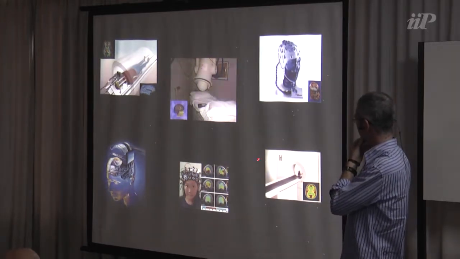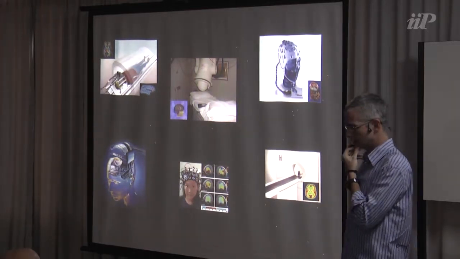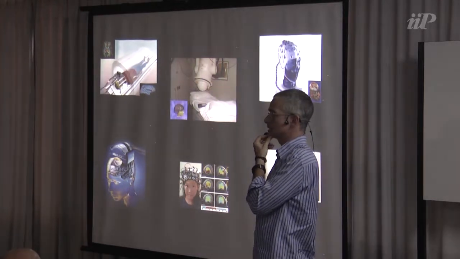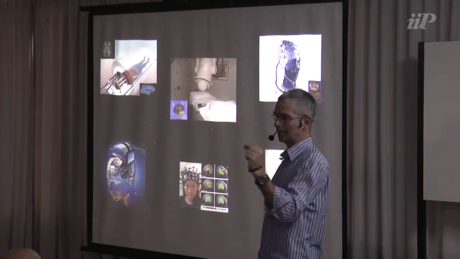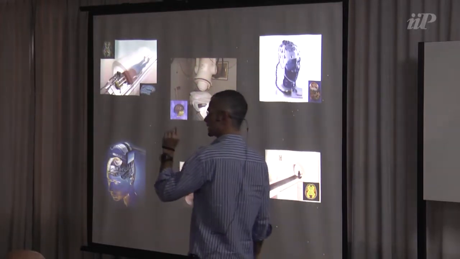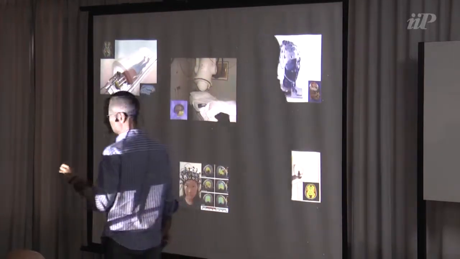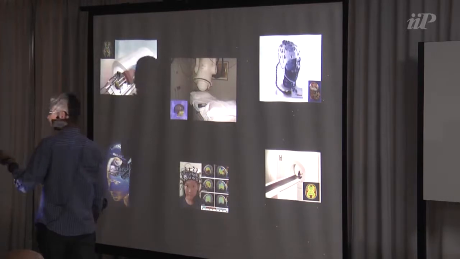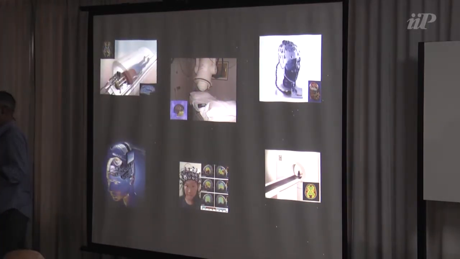The greatest advantage of SPECT and PET is that you're capable of tagging a specific substance that you're interested in. So you can tag glucose if you're interested in mapping glucose metabolism. You can tag serotonin receptors. You can tag dopamine receptors.